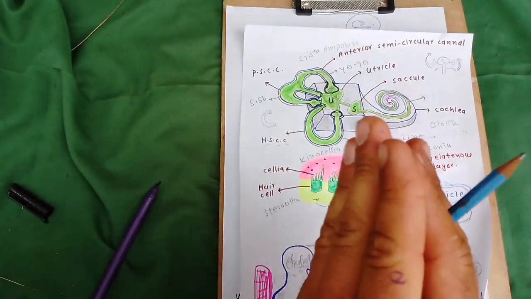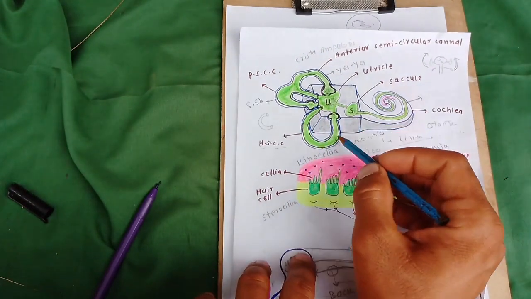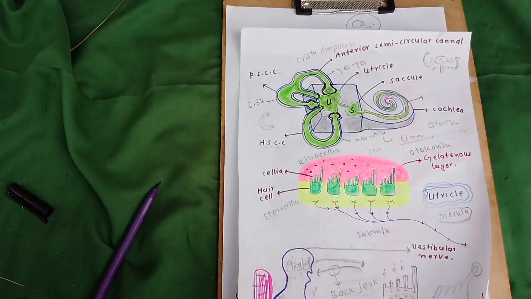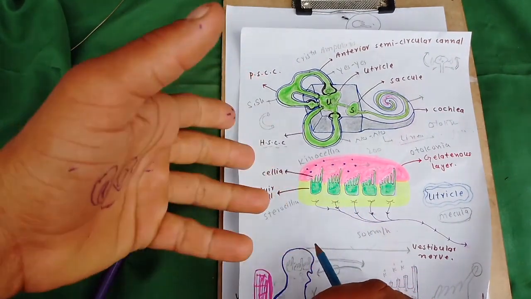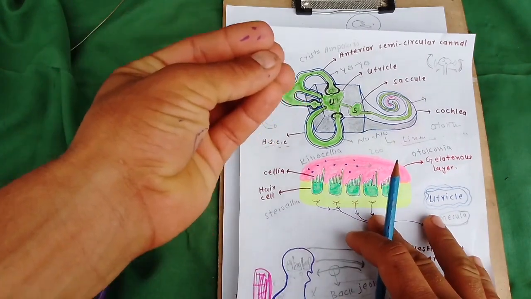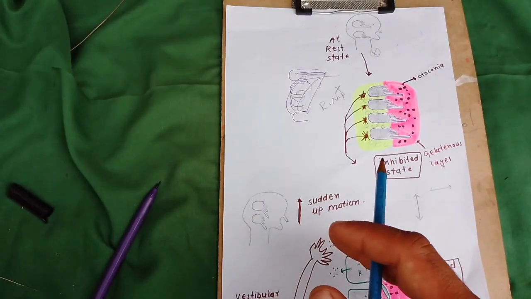For the most common example, I will discuss here only the horizontal semicircular canal. The most common example is the Barany chair, or mostly the rotatory table and sports areas like in the gym.